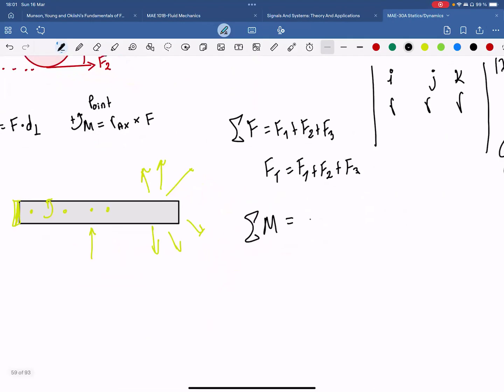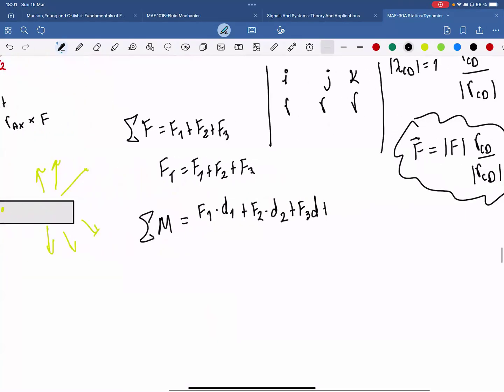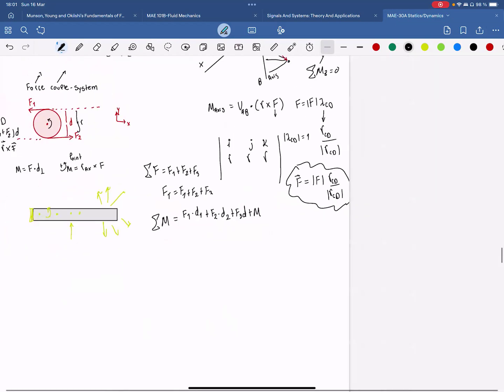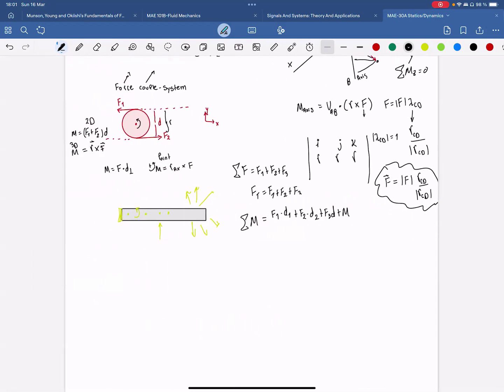And each force is going to have a contribution to the moment, and I can add a moment M, indicating that that's the moment of the couple. I don't have to write the couples on the diagram, for example, because the forces cancel each other. The only thing that doesn't cancel is the moment that they are generating on the rigid body, right?